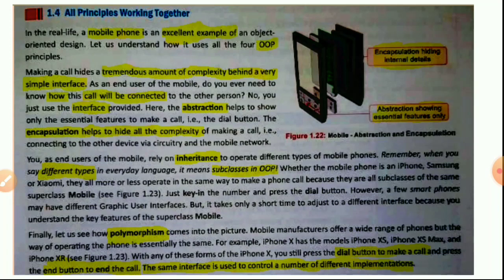Through that simple interface you are able to operate the phone, and you don't have to worry about the complexity. So this is known as abstraction. Abstraction is hiding something and showing something. So all the complexity is hidden, but there is a simple interface connected to the complexity through which you can interact. So that is abstraction.